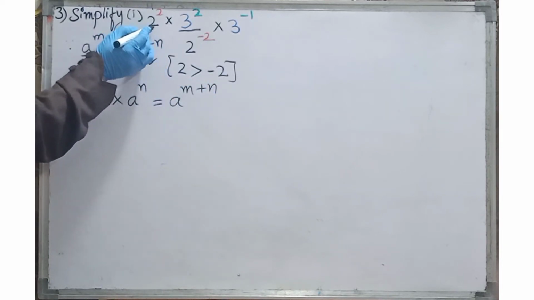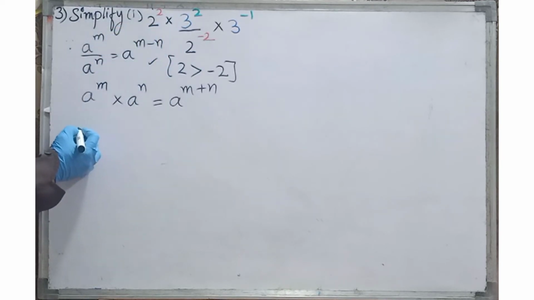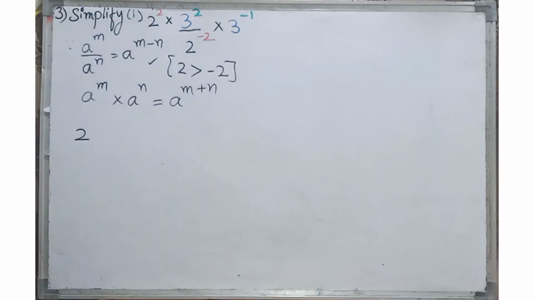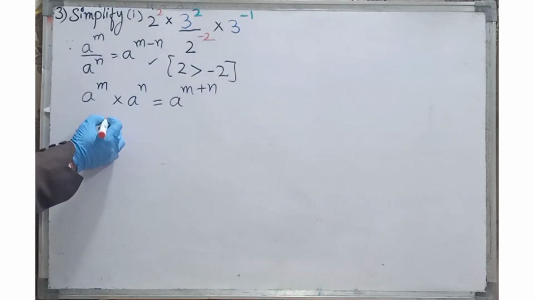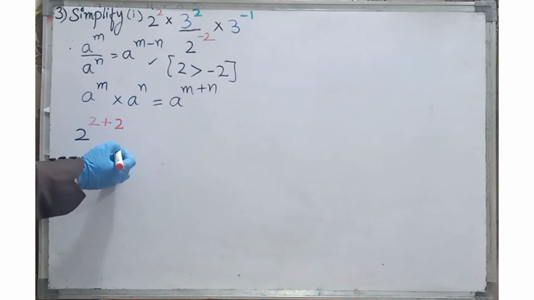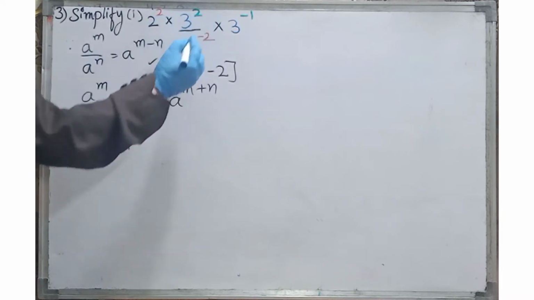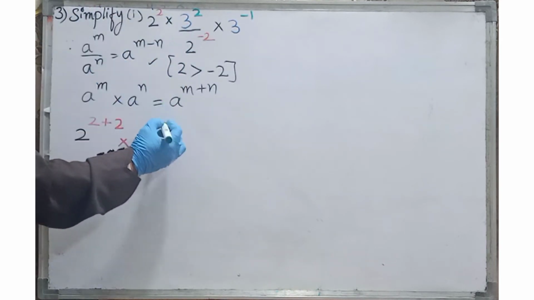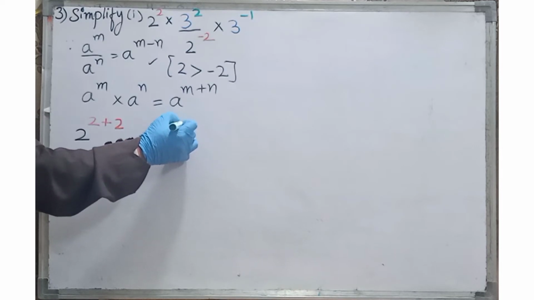Okay students, when we do the sum, the base is the same, that is 2. Now what are the powers? 2 and minus 2. This minus 2, when it comes to the numerator, becomes plus 2. Next, base is 3. Since both are in the numerator, there is no need of changing the sign.